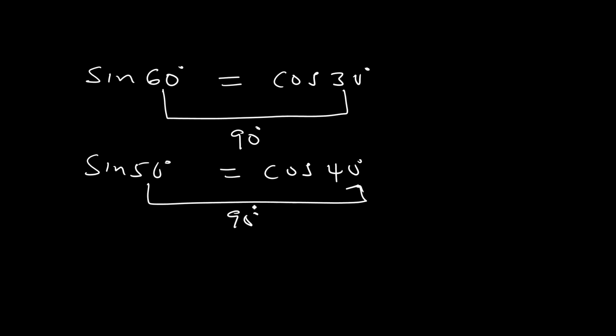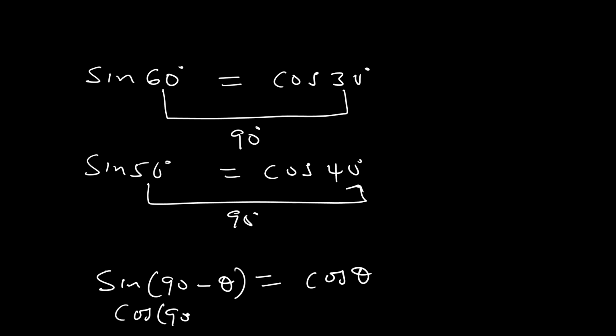That's that. All right, so with this I can say sine of 90 minus theta is the same as cos theta. Okay, then cos of 90 minus theta is the same as sine theta.